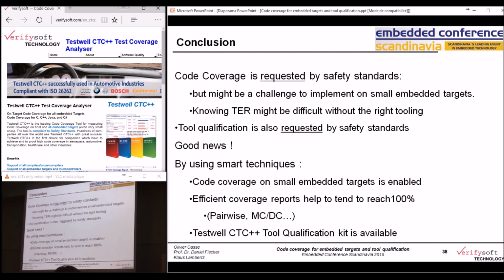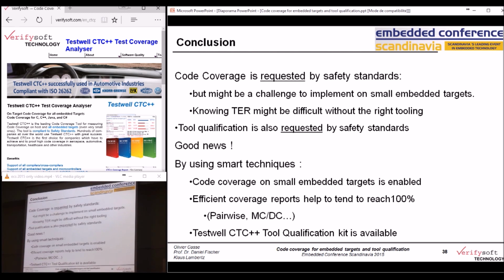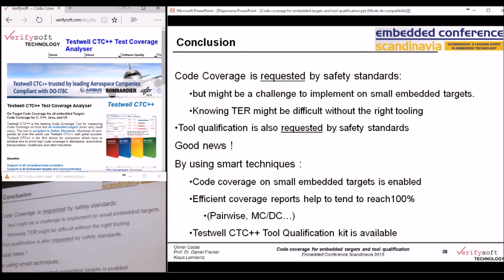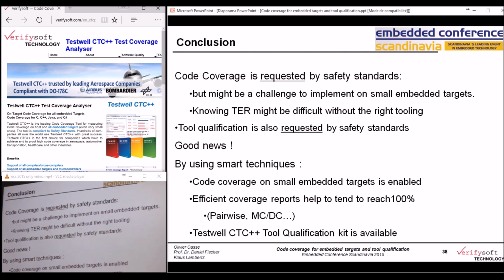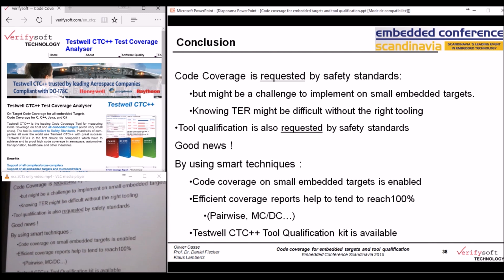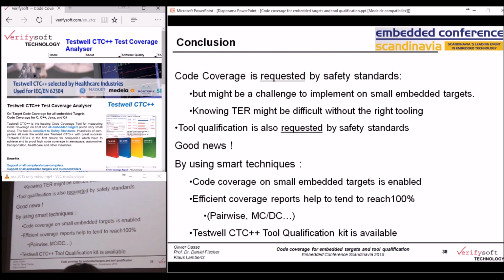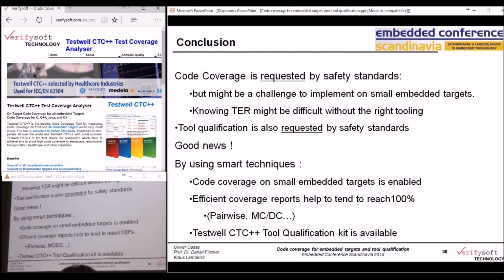If you use the right techniques and the right tool, you'll be able to get this information. But it's not enough. Some tools are able to do this, but they can't provide help for qualifying the tool. So it's days or weeks of work for you to run this qualification process.